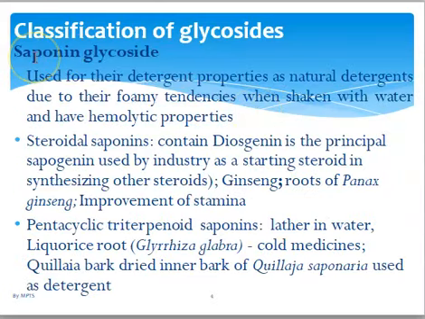Let us go to the saponin glycosides. These are used because of their detergent properties. I know at home there are those plants that form foam when you put them in water, because they contain saponin glycosides.